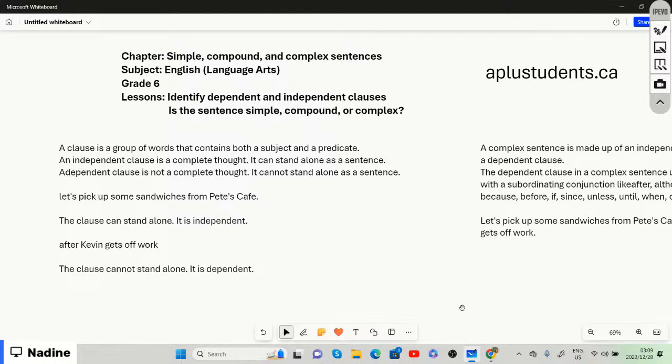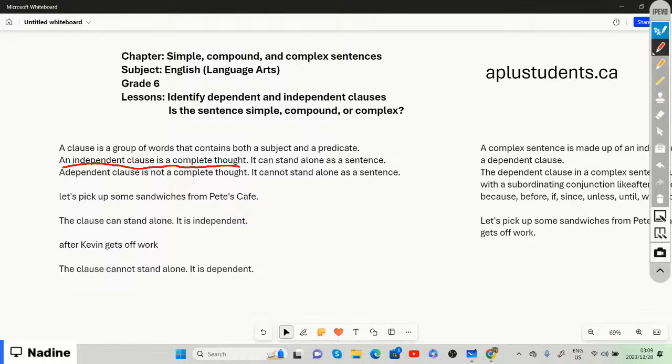So then we have dependent and independent clauses, right? An independent clause is a complete thought. Firstly, we said a clause is a group of words that contains both subject as well as a predicate.